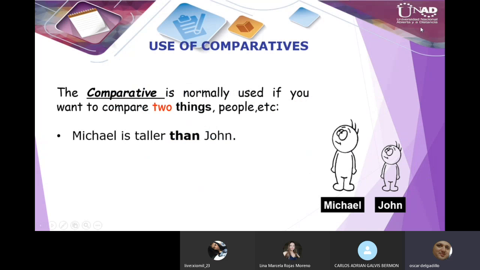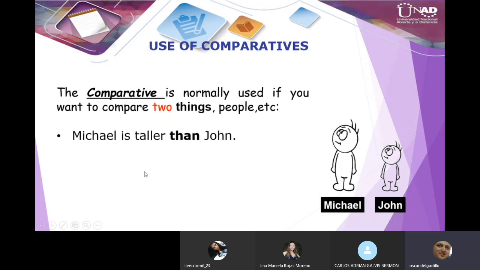Okay. We use comparative adjectives to compare two things or people or animals. Like in this example, Michael is taller than John. Michael is taller than John. Or we can say John is shorter than Michael. Tall is a comparative adjective with one syllable.